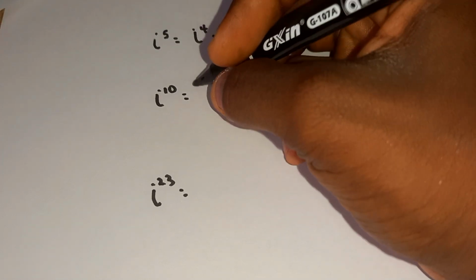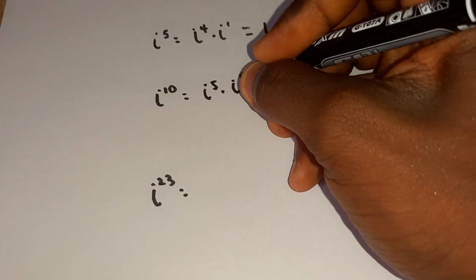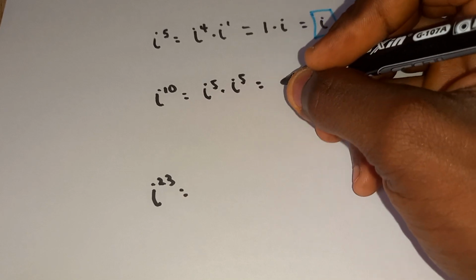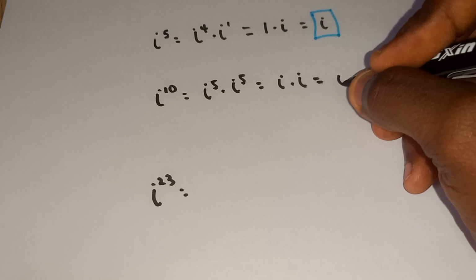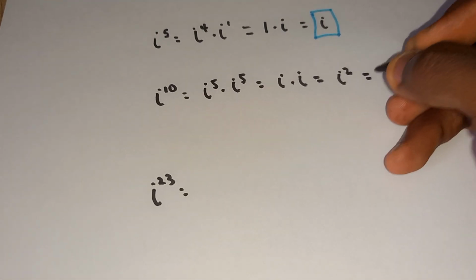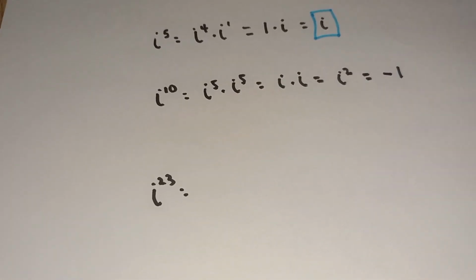So let's come to i raised to the power 10. You know i raised to the power 5, so then 5 times, i raised to the power 5 gives us i times i. That's i raised to the power 2. You know that i raised to the power 2 here is -1. So -1.